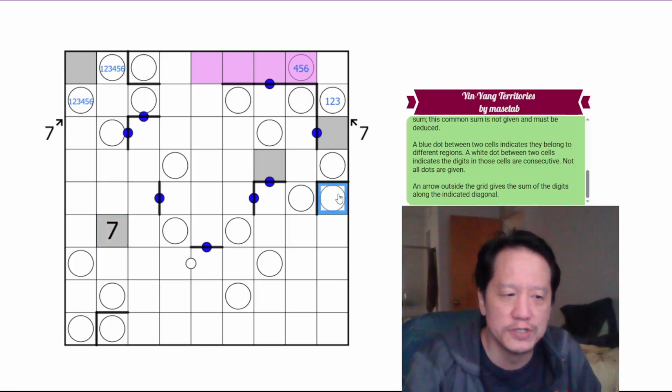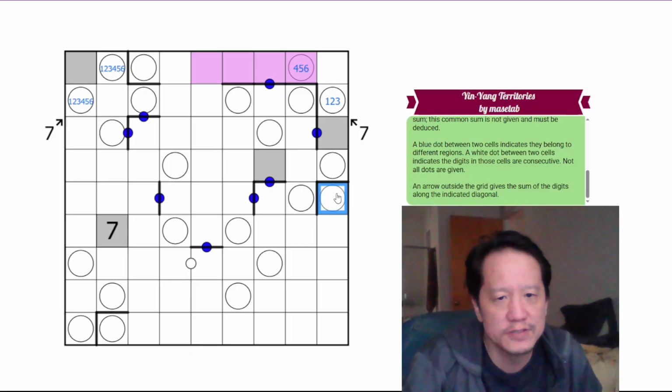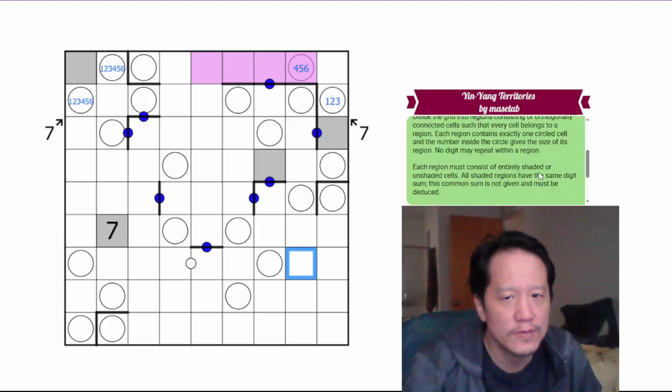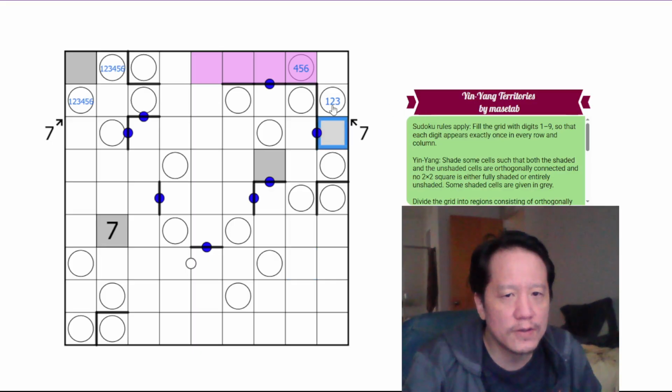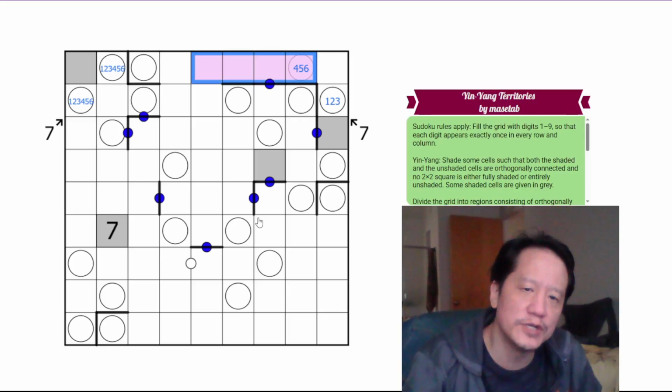This could be a region of 1. That is certainly possible. This is guaranteed to be the same region. This could go out that way. Oh.